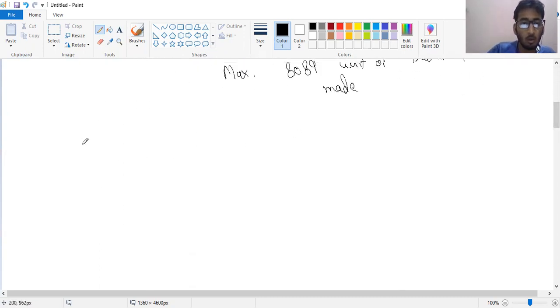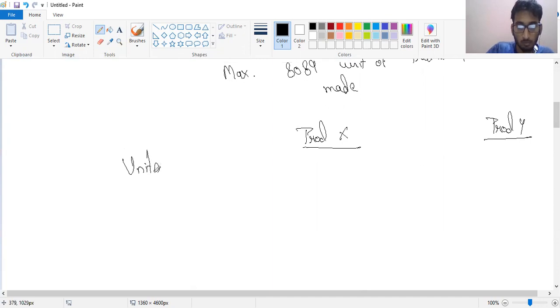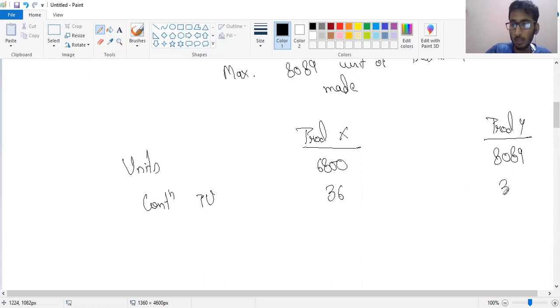Okay, now see the contribution. Basically for product X and product Y, units 6,800 and 8,089. Contribution per unit, we have basically seen it from the book.